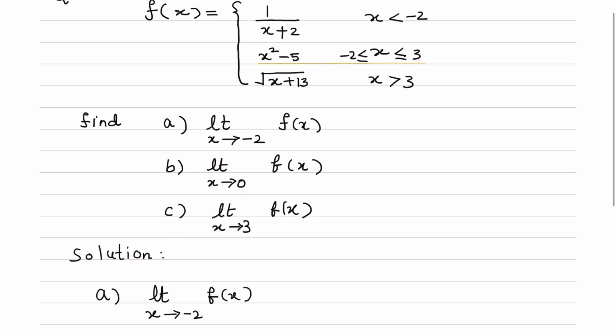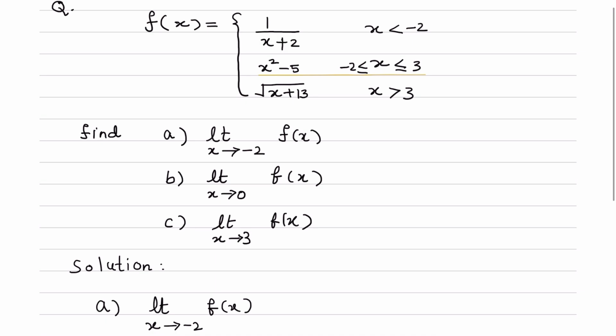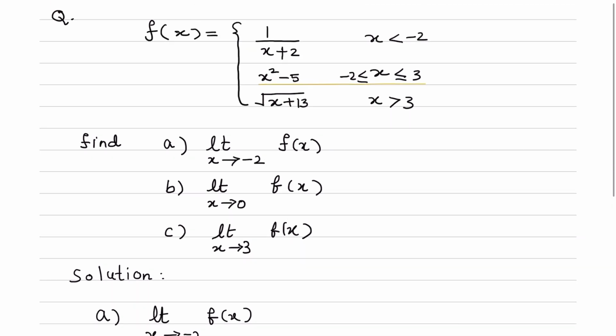Whenever you have to find a limit at a number, in this case -2, and at -2 your function is splitting, in that case you will split your question into two parts. We are only splitting this question into two parts because at -2 our original function f of x is splitting.